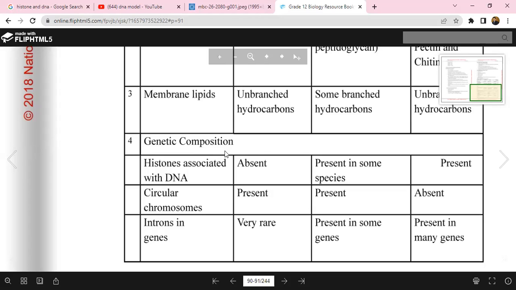What about eukarya? Present in many species. Is it written that way? Present in many species, not many genes.